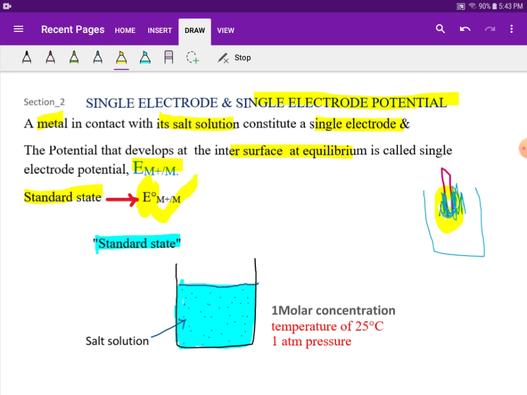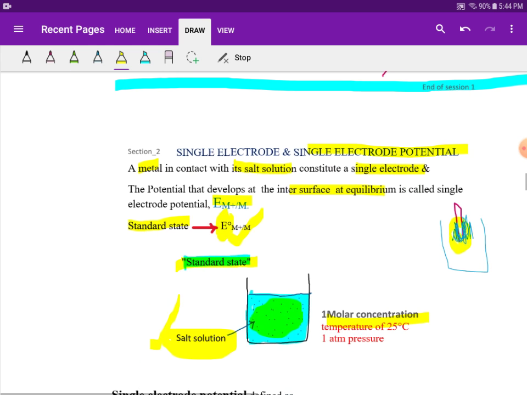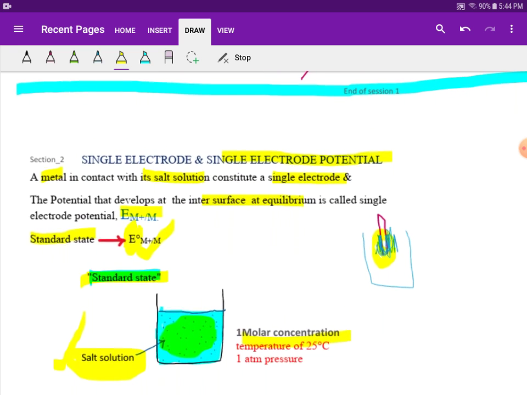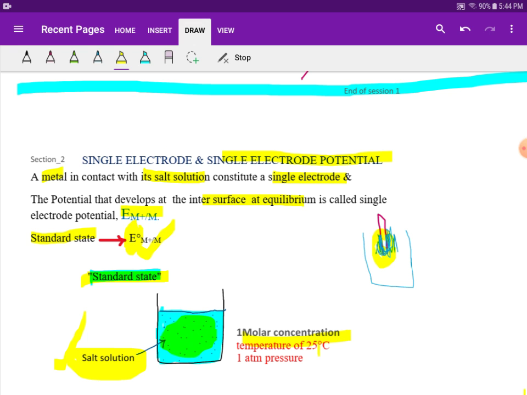What is the standard state actually? Standard state is a state of the electrode in which the aqueous solution, or salt solution, is of 1 molar concentration, kept at a temperature of 25 degrees Celsius and a pressure of 1 atmosphere.